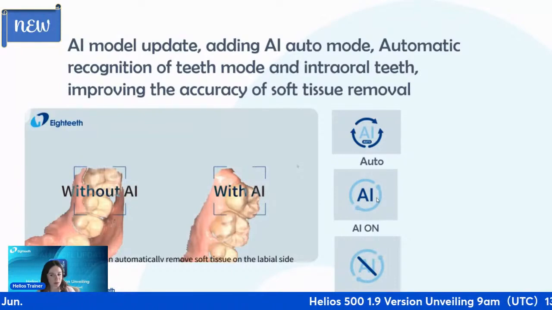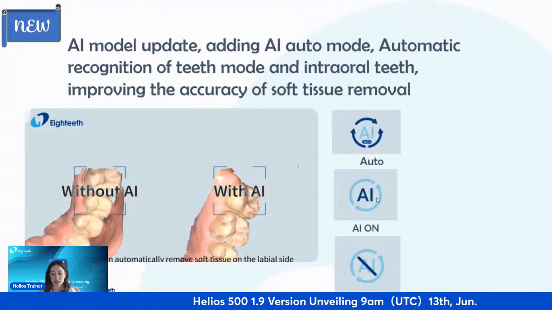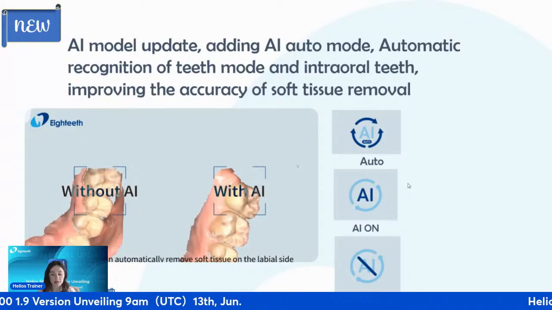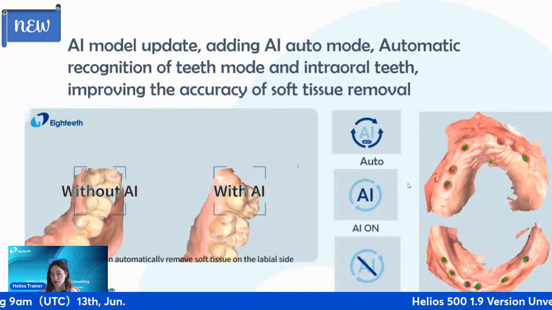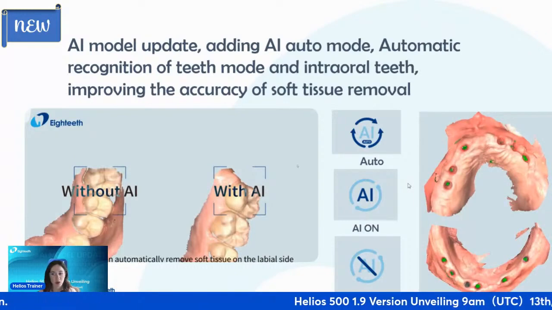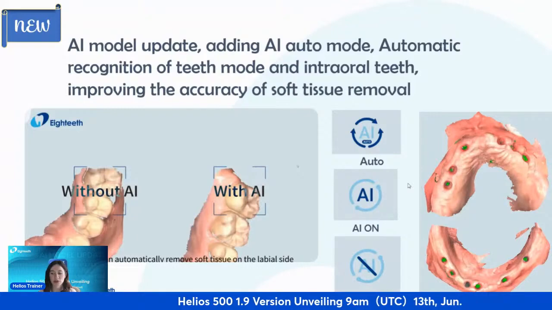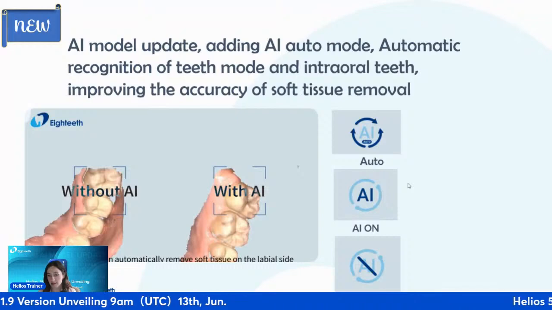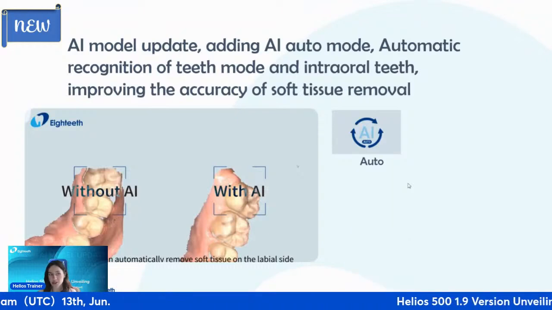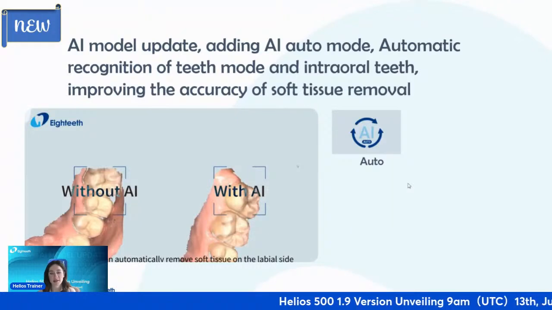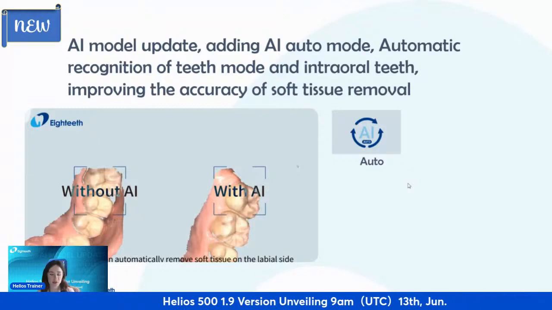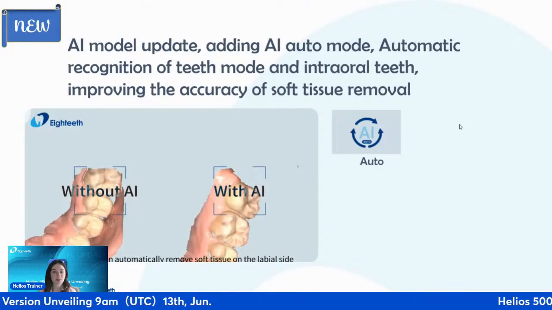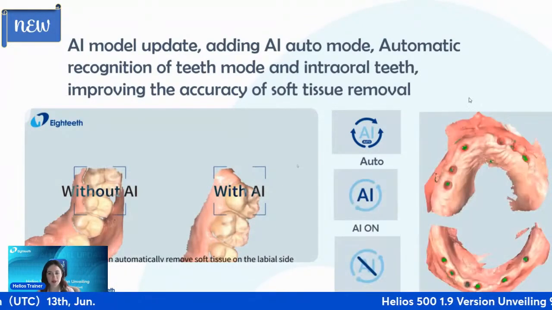It will not be needed already, but just in case, I'm explaining to you. If you want to scan soft tissues, sometimes we ask you to turn artificial intelligence off so that you can easily capture soft tissues without removing them. But we already made an automatic option, which automatically recognizes teeth and soft tissues. So soft tissue removal has been improved.